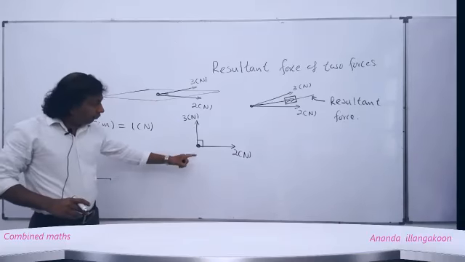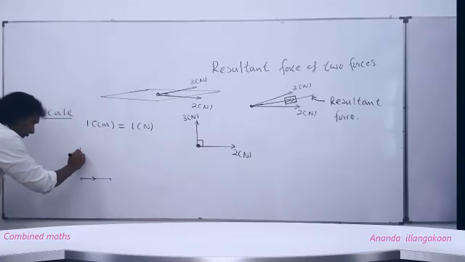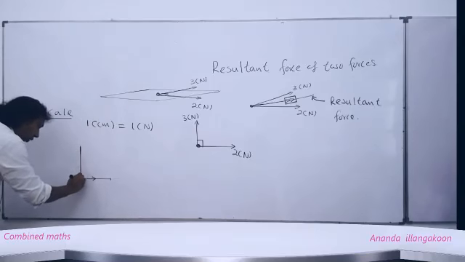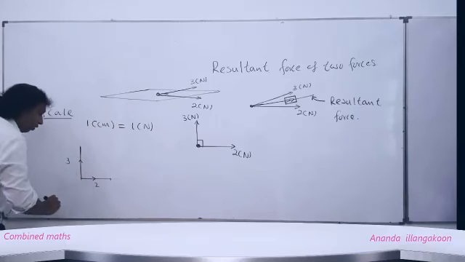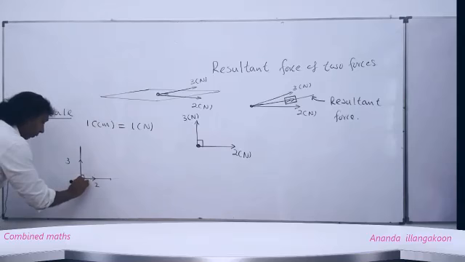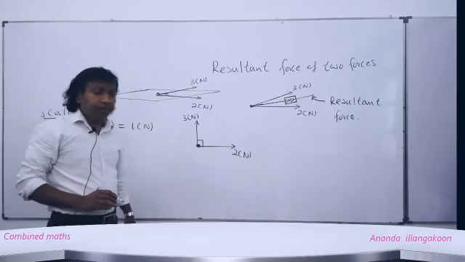And this 3 Newton force is perpendicular to this 2 Newton force. Then we must draw another line segment perpendicular to this, 3 centimeters long. This is 3 units, this is 2 units measured in centimeters. This is 90.